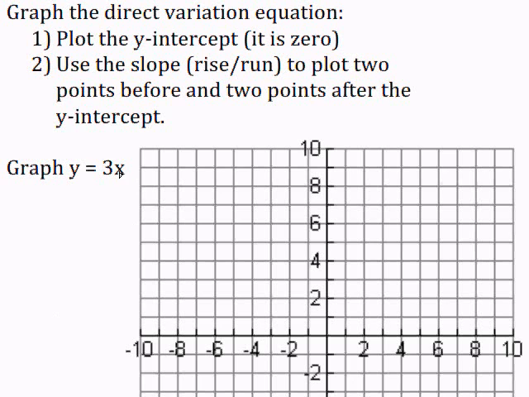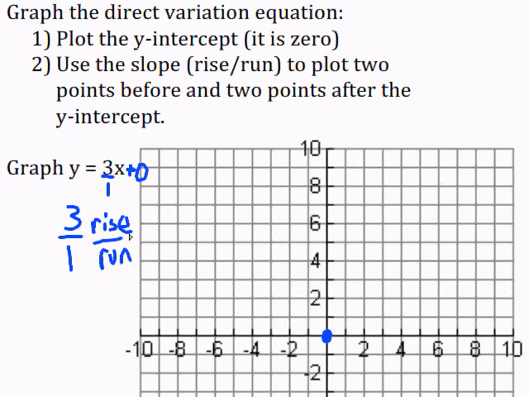Again, since the y-intercept is 0, it's y equals 3x, it's like having a plus 0. We graph the y-intercept first, and then we use our rise over run. Notice it's 3, and to make it rise over run, we divide it by 1. So that gives us 3 over 1 being our rise over our run.